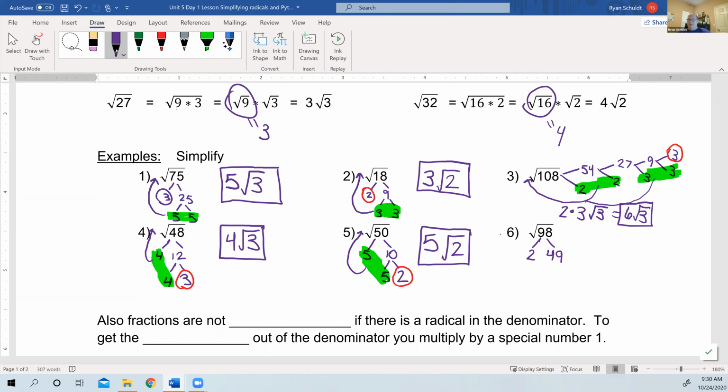Now 49. Let's see, 49 is 7 times 7, which again, 7's prime, so I'm done there. Look for your couples. 7's go out on a date.